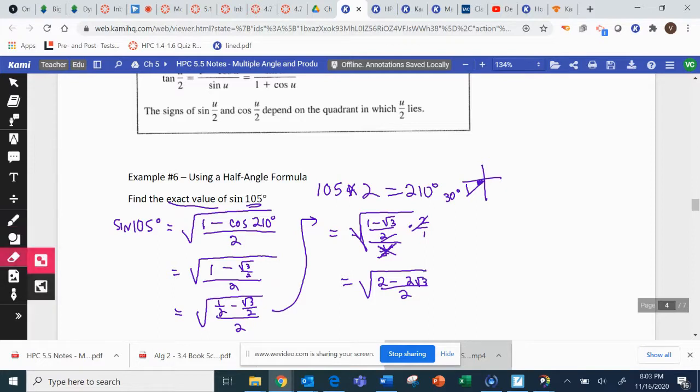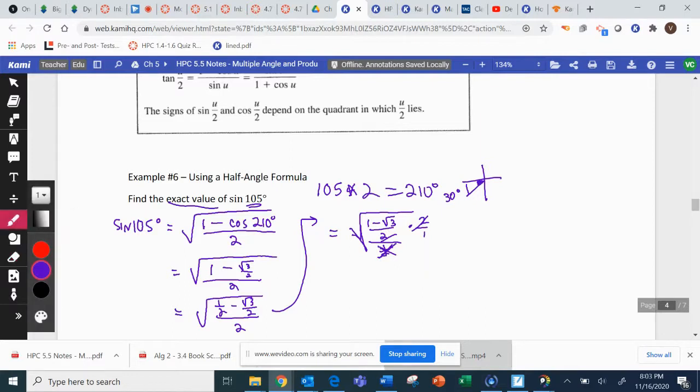Yeah, let me do that. So I get 1 minus square root 3.